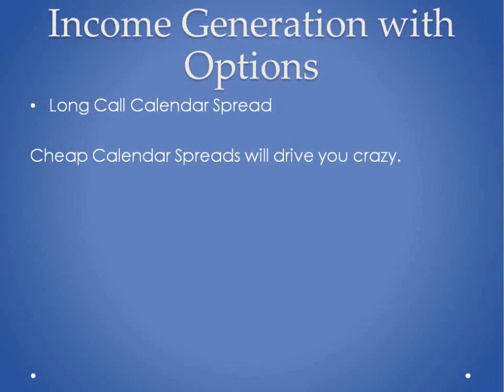And keep in mind, cheap calendar spreads will drive you crazy. That means that if you're trying to pick a very inexpensive underlying, although you can do a lot of them and they don't take as much margin out of your account, you just aren't risking enough.